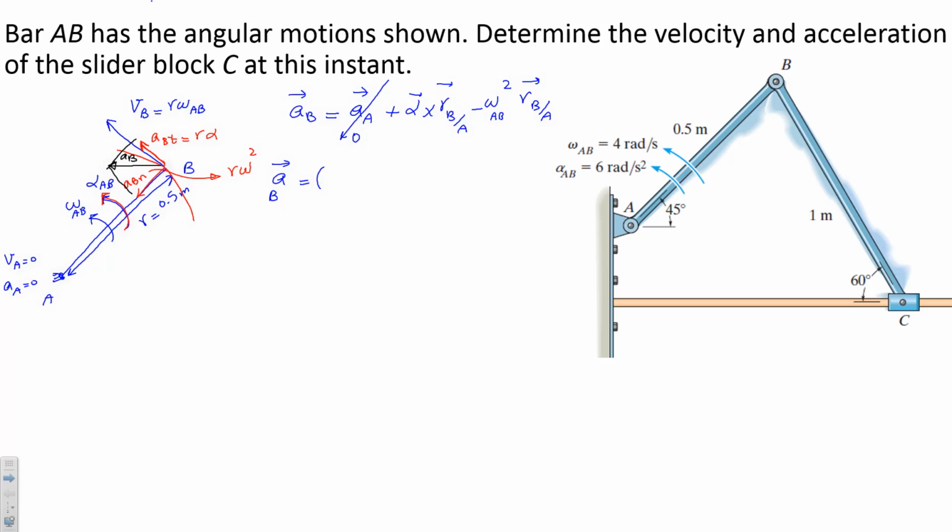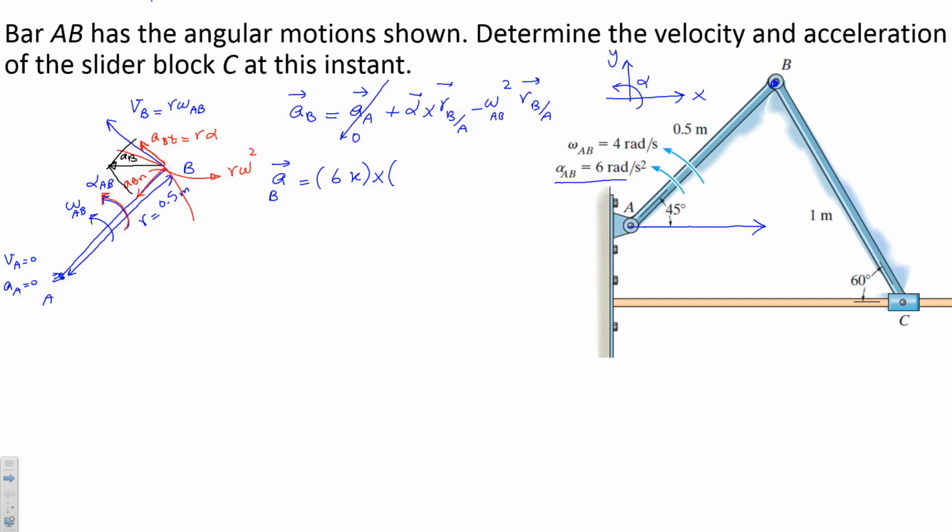Alpha here in this problem is equal to 6 radian per second square. It's in counterclockwise direction, so if this is x and this one is y direction, alpha is in k direction. So 6k cross r B slash A. What is the position of B with respect to A?